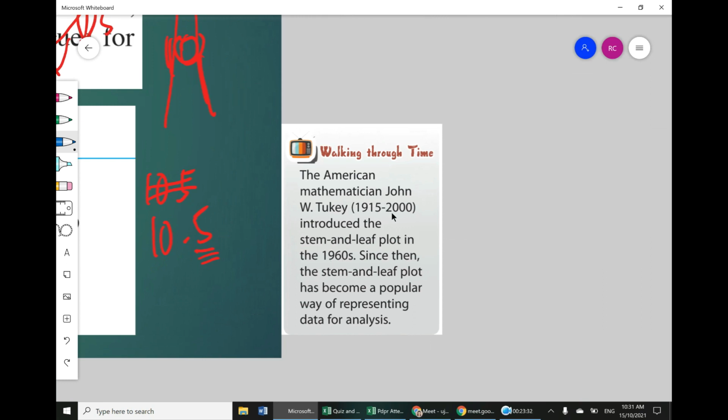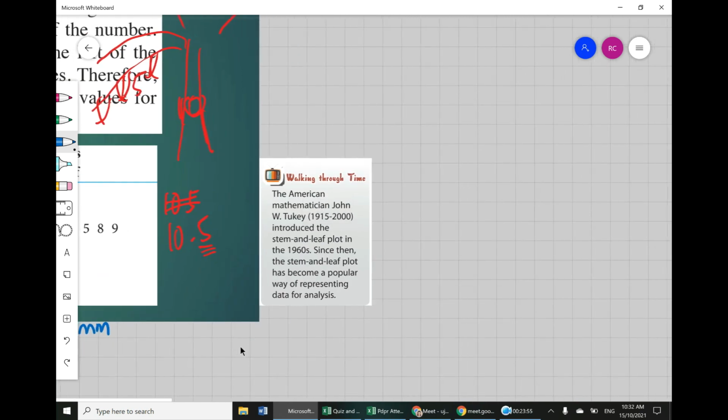It's not a very long time ago, a recent mathematician. Since then, the stem and leaf plot has become a popular way of representing data for analysis.